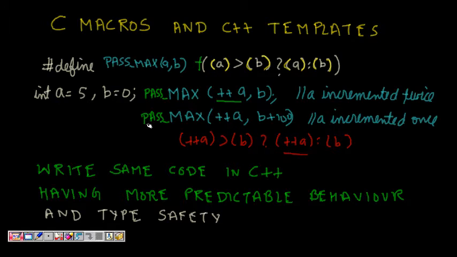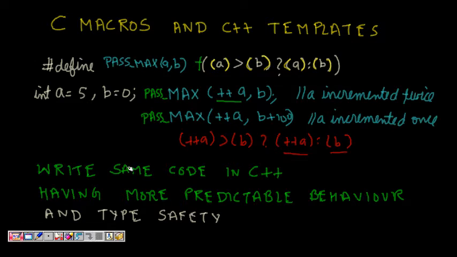But if I write PASS_MAX(++a, b + 100), then ++a is 6 and b + 100 is 100. Now this one is greater, so this code will be called and the other one is not. So here a is incremented only once. So it depends on the values of a and b whether a is incremented twice or only once.